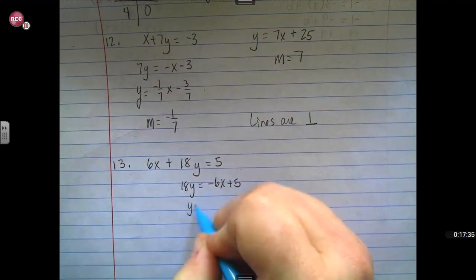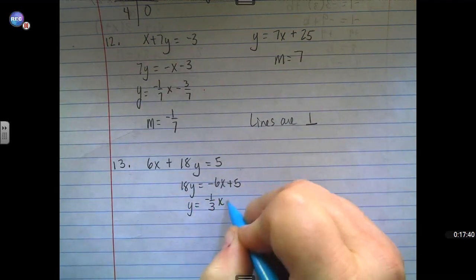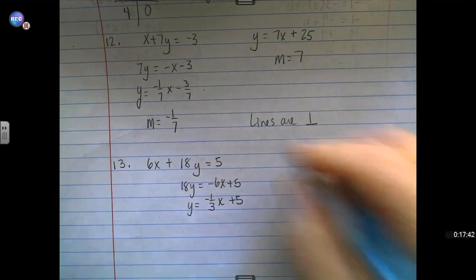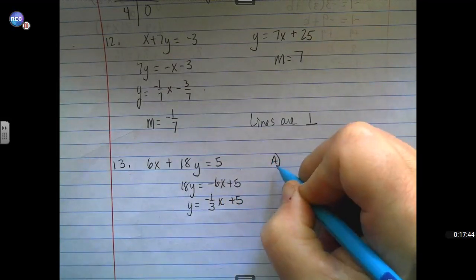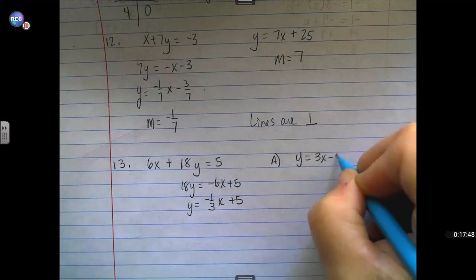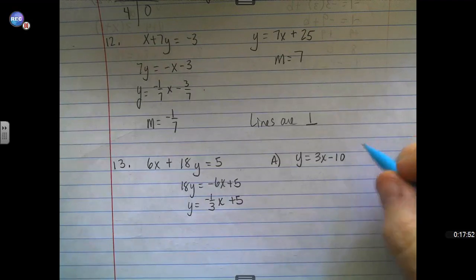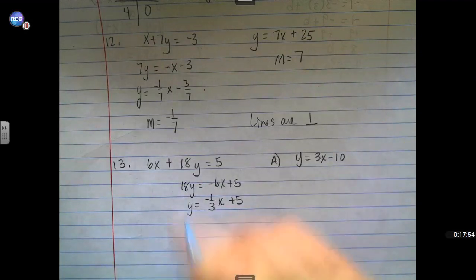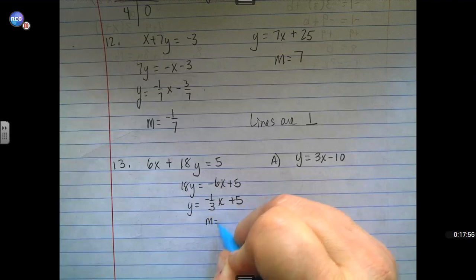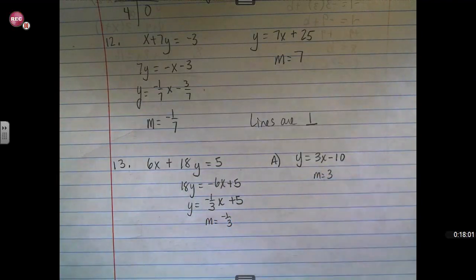So y equals negative 1/3 x plus 5. And then letter A has y equals 3x minus 10. And it's asking me which lines are perpendicular. So the slope here is negative 1/3. The slope here is 3. Those are opposite reciprocals. So that's one of my answers.